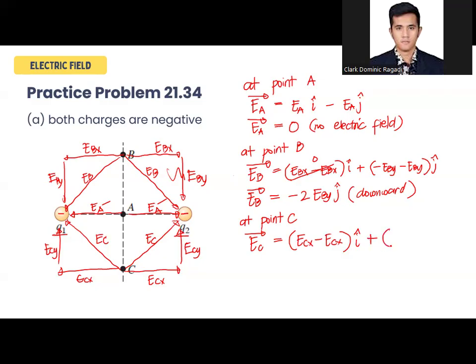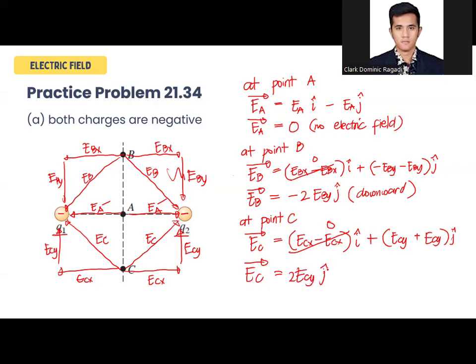Looking at the diagram, both y components of EC are going up, so we have ECY plus ECY, J hat. The x components cancel to 0, so our EC equals 2ECY J hat.